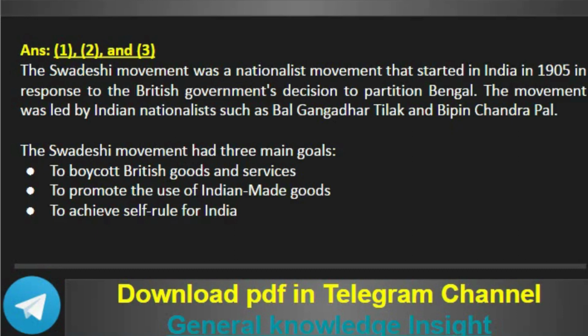Here in brief explanation, the Swadeshi Movement was a nationalist movement that started in India in 1905 in response to the British government's decision to partition Bengal. The movement was led by Indian nationalists such as Bal Gangadhar Tilak and Bipin Chandra Pal. The Swadeshi movement had three main goals. One is to boycott British goods and services, two, to promote the use of Indian-made goods, and third, to achieve self-rule.